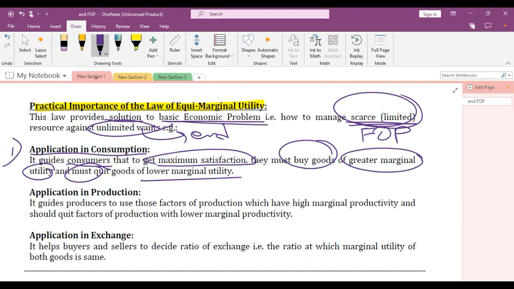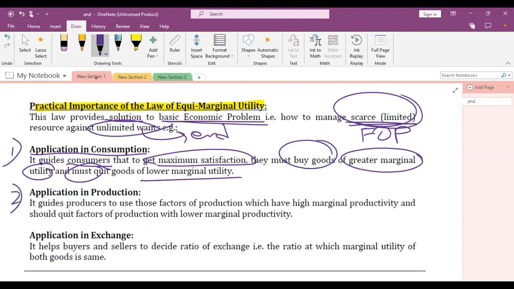So it helps the consumer to decide which goods should be consumed and which should be quit.